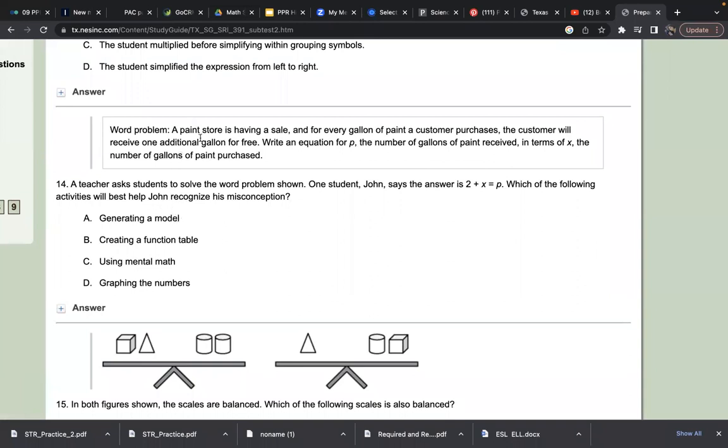So the word problem: a paint store is having a sale, and for every gallon of paint a customer purchases, the customer will receive 1 additional gallon for free.